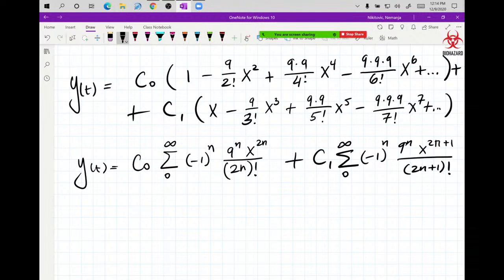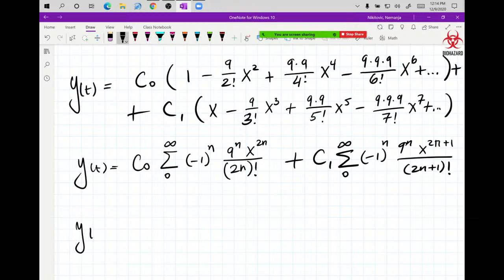You use the same trick with the 9 where you write 3 squared, right? So if you write 3 squared raised to the n, you get 3 to the 2n, and then you can combine that with the other x.